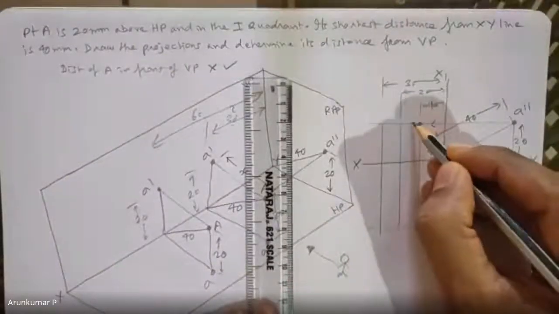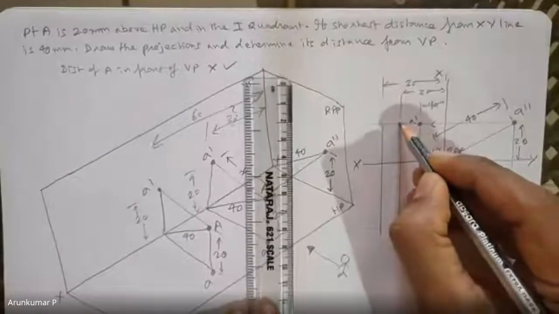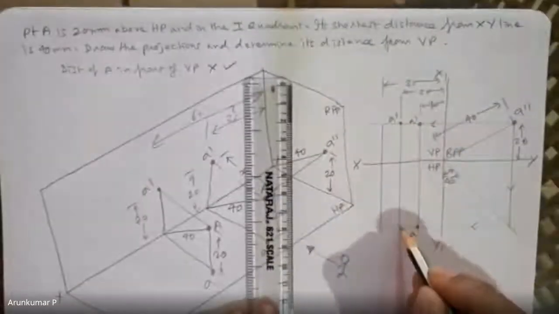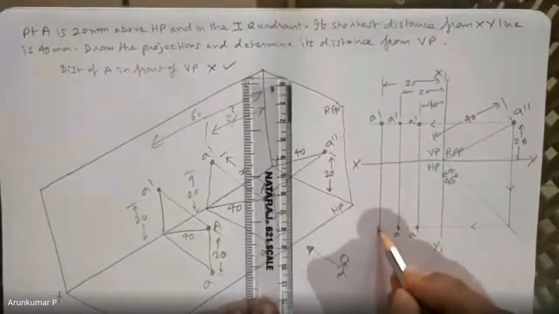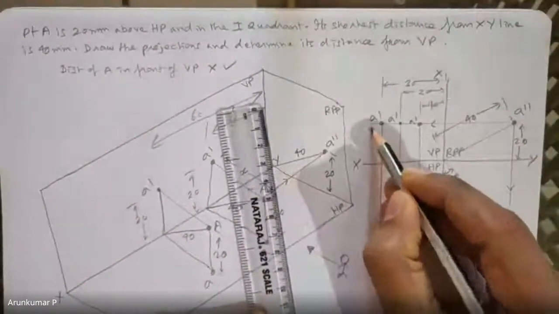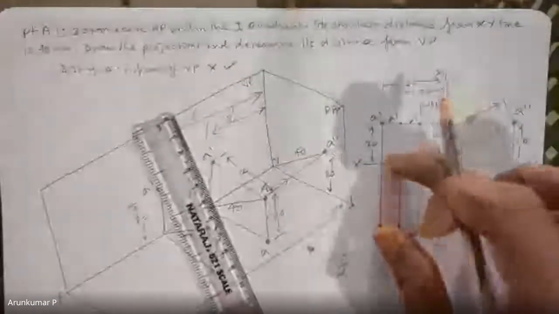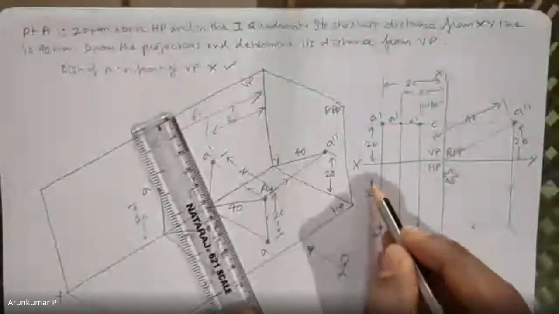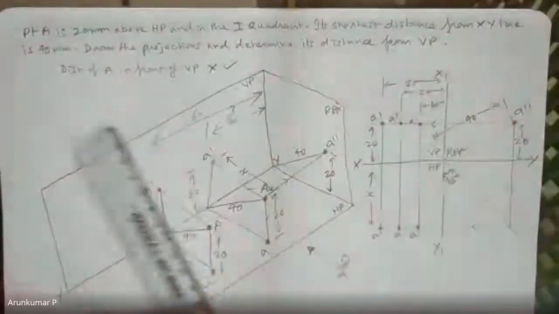This is the front view, A dash, and this is the top view, A. The same in each of the three cases. Is this 20 mm now or is it something else? So 20. This distance, whatever it is, X, in all three cases, is it X or is it changing?